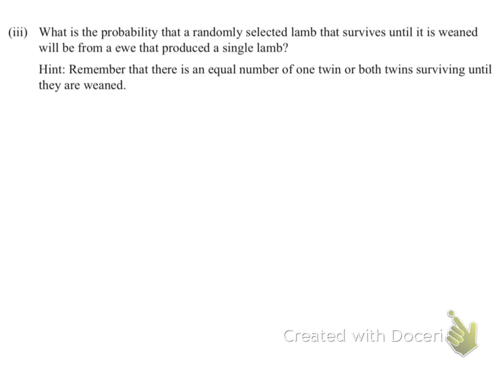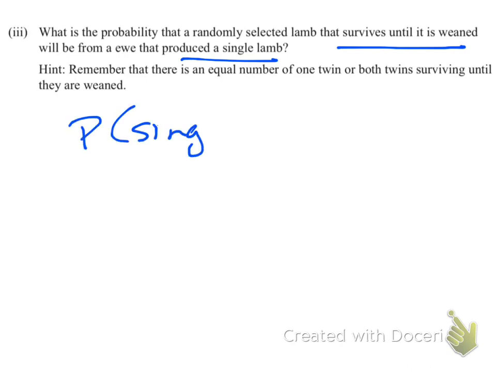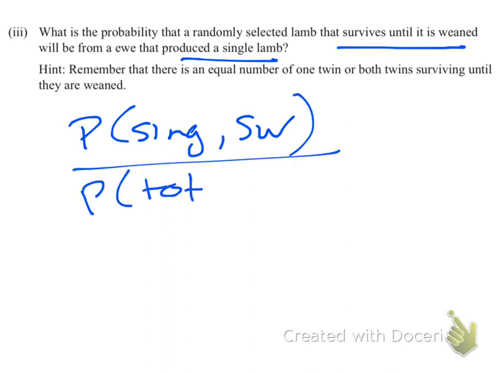So it's talking about the probability that a randomly selected lamb that survives until it's weaned will be from a ewe that produced a single. So you've identified correctly that you want the probability of a single that survived divided by the probability of a total that survived. So you've got your single surviving correct.